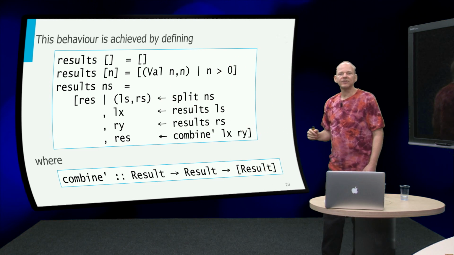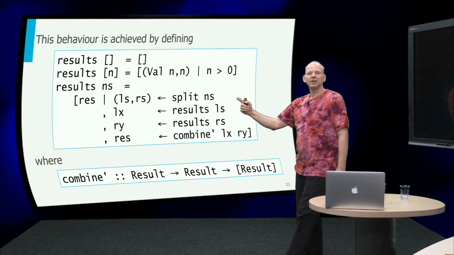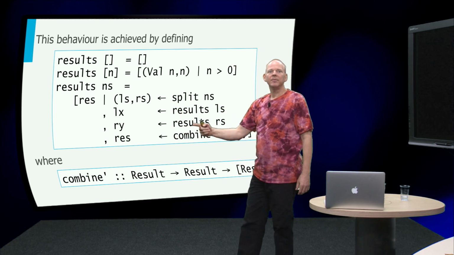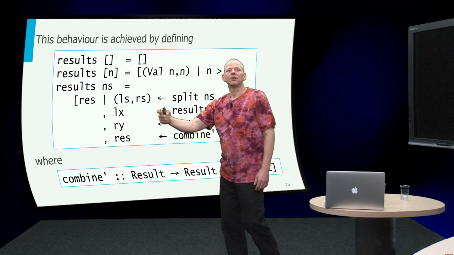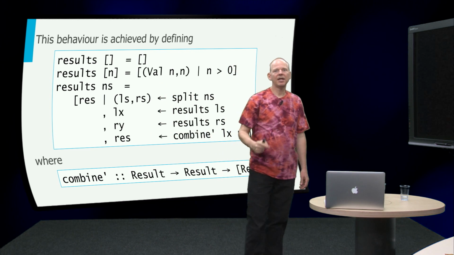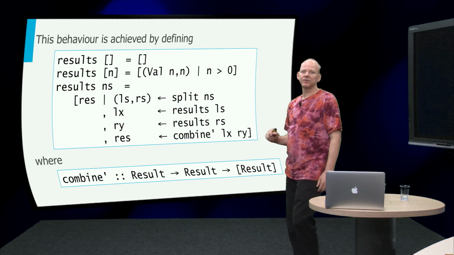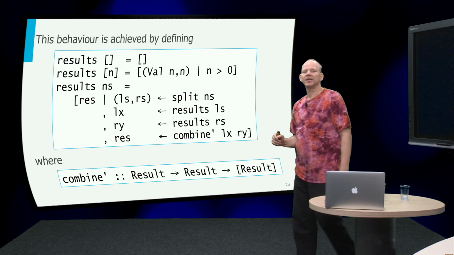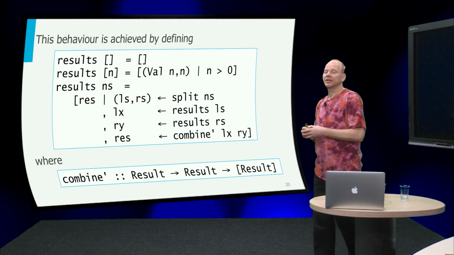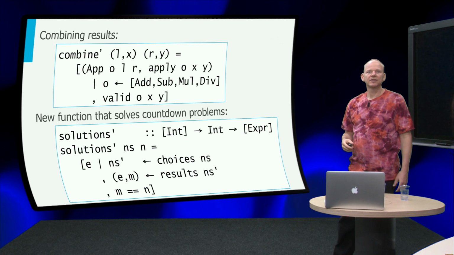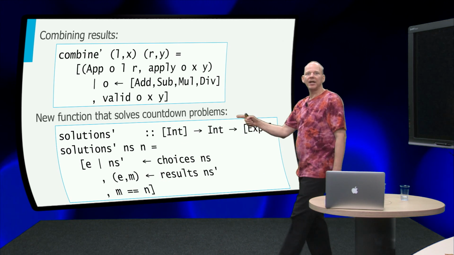The rest of the code is now fairly obvious, where we do exactly the same, except that we recursively call results. Then we still have to define the combine function, that will check whether the results are valid. Here is combine.